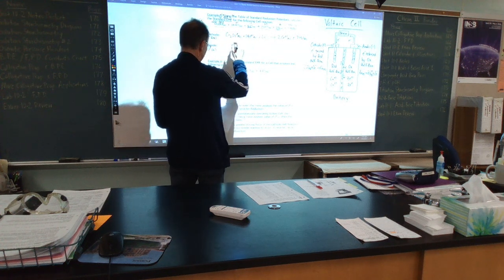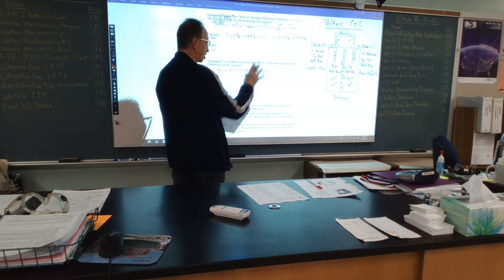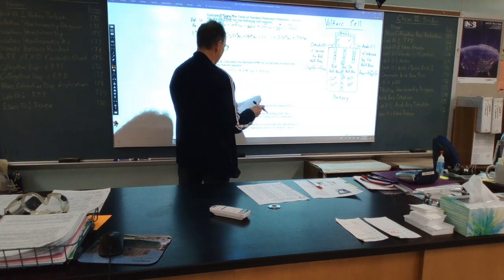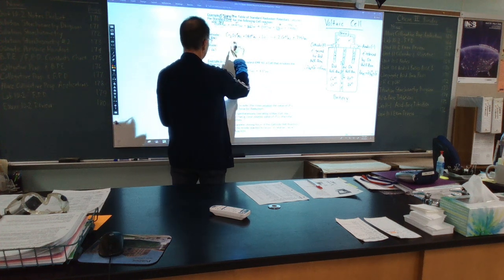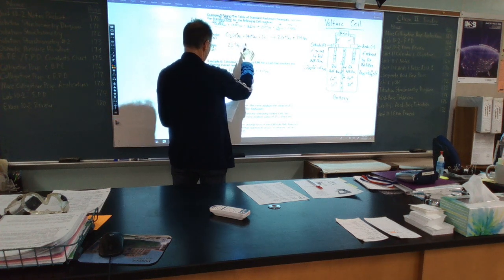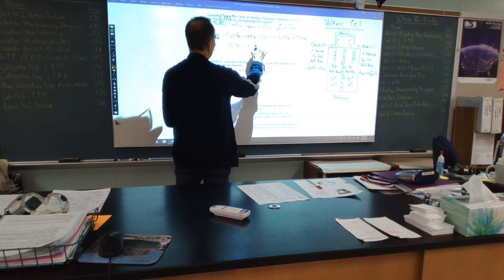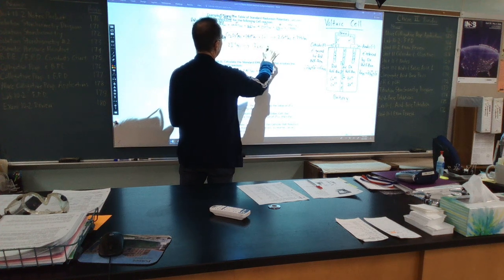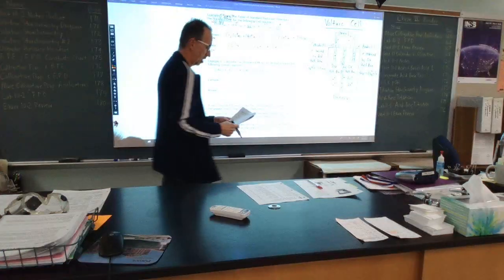And so that would then, taking that half reaction off the chart and flipping it around, would give us 2I⁻ (aq) going to I₂ (solid) plus 2 electrons.